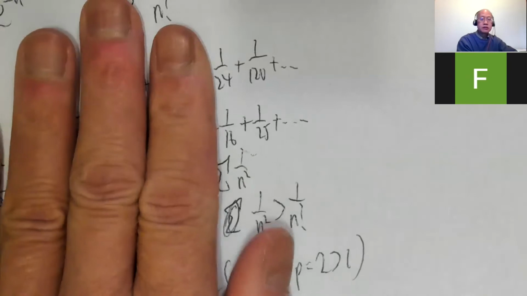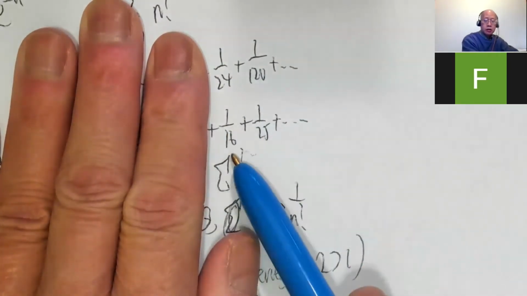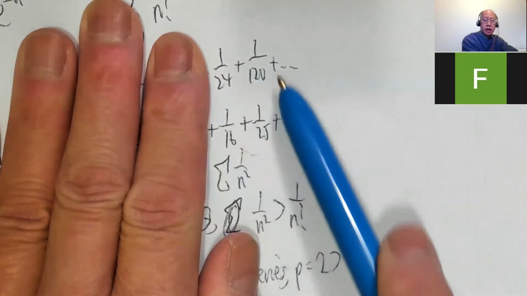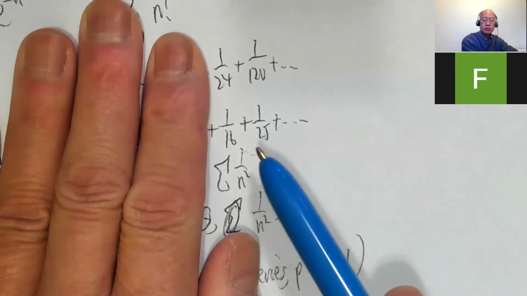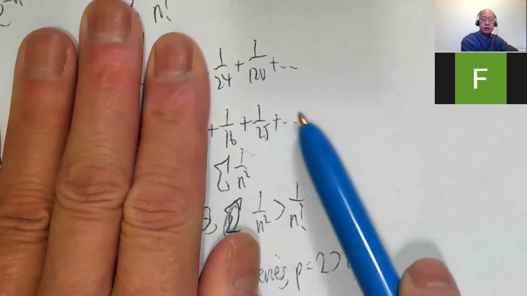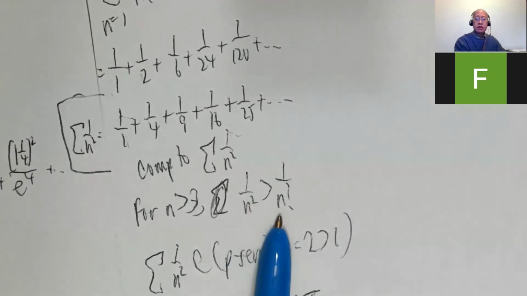If I ignore these 3, this is bigger than this, right? Smaller denominator. This is going to shoot way past this in denominator, so this will be larger. So 1 over n squared is the larger series for n greater than or equal to 4.